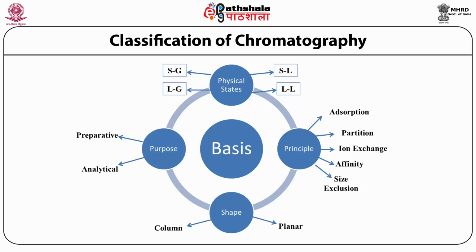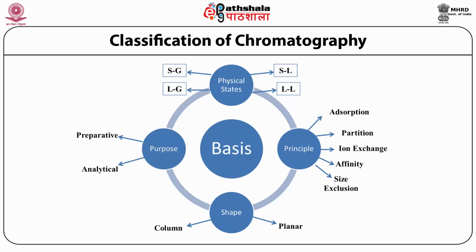Another form is gas-solid chromatography. In this type, the stationary phase, which is an active solid adsorbent in powdered form, is filled in a tube. An inert gas like helium is used as a mobile phase or carrier gas. Then the fourth classification under this category is the gas-liquid chromatography.